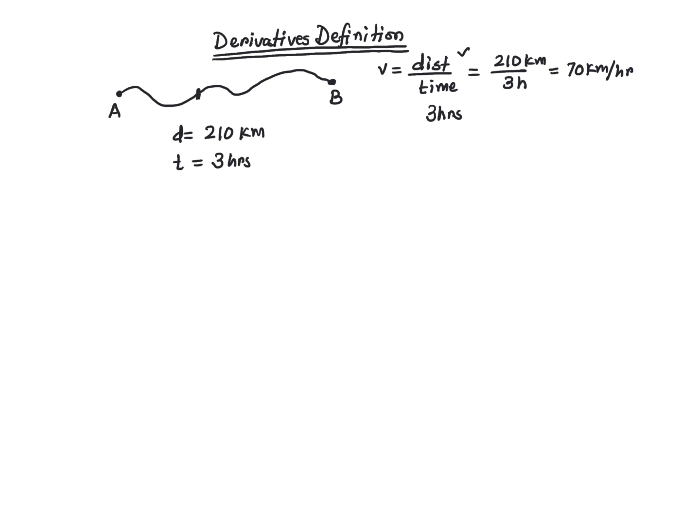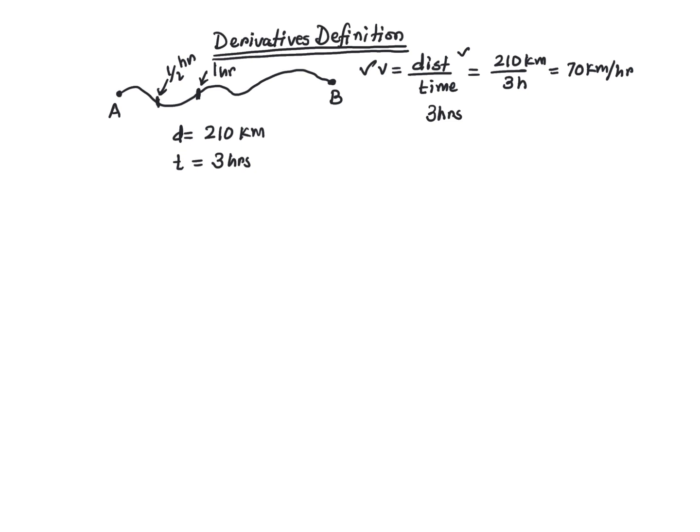Can we do it over half an hour? Sure, you'll cover maybe this distance right here in half an hour. So this is for 1 hour and this is for half an hour. And again, follow the same formula, distance traveled divided by the time spent, as it is here.